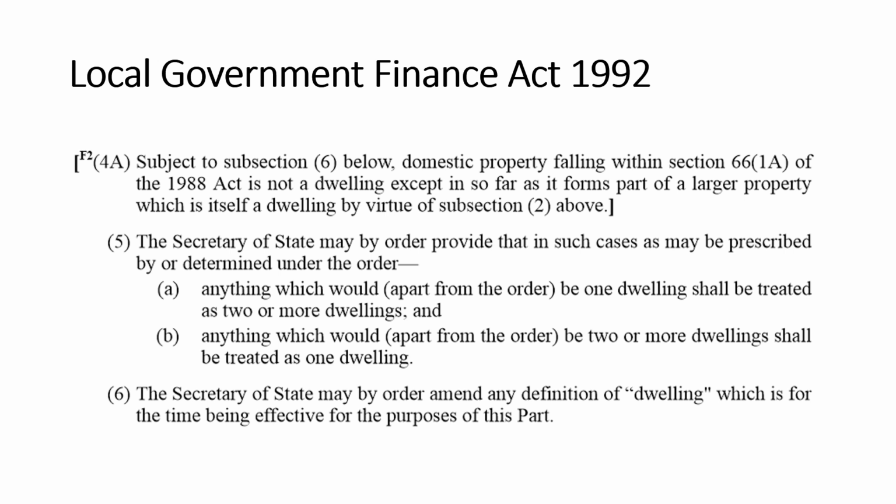Anything which, apart from the order, would be a dwelling shall be treated as 2 or more dwellings. Anything which, apart from the order, would be 2 or more dwellings shall be treated as 1 dwelling. So basically, unless the Secretary of State changes the paperwork, your property is non-taxable. The Secretary of State may order, amend, or define the definition of dwelling, and for now, this is what it currently is.